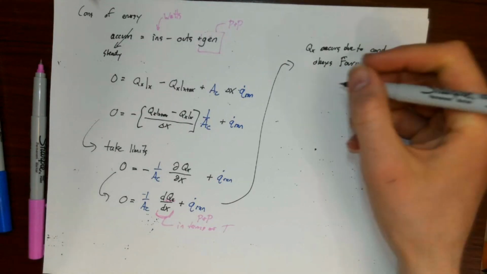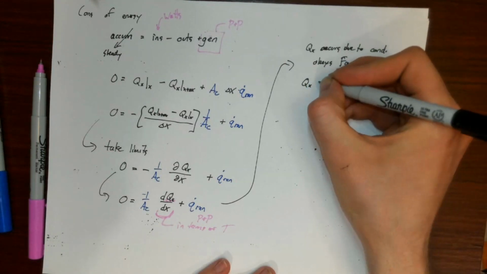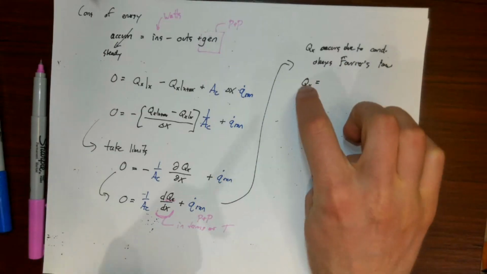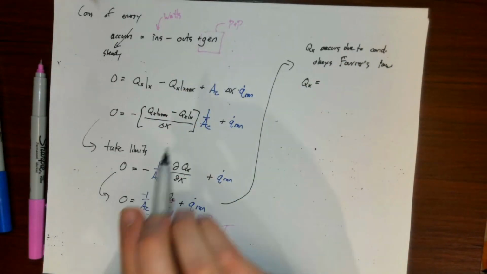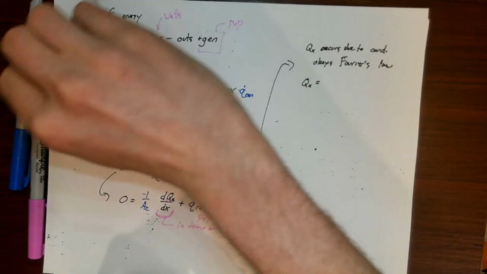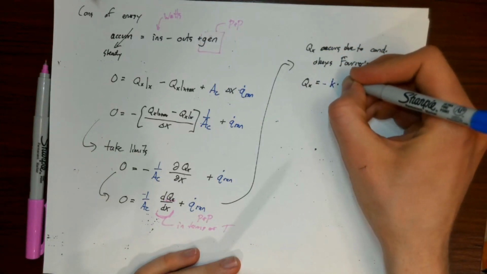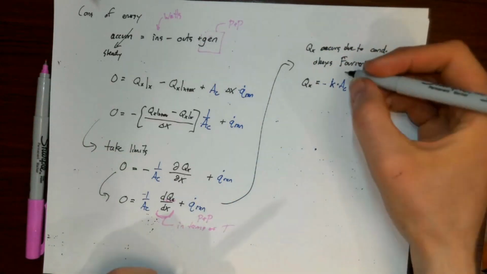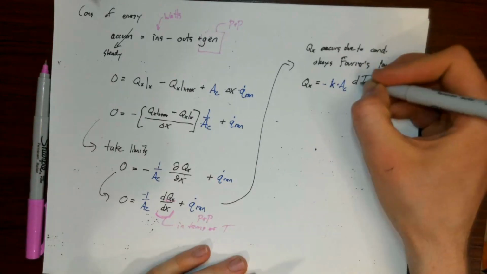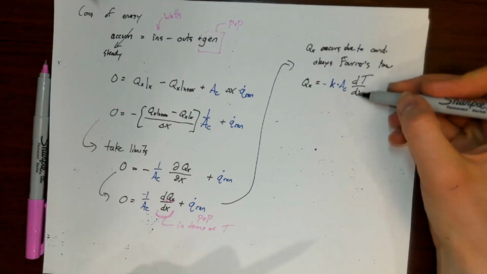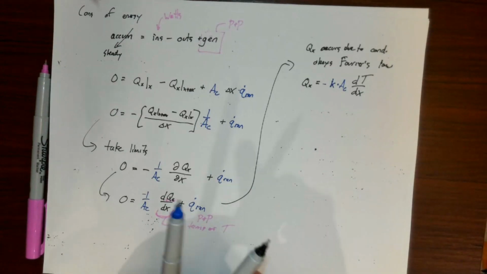So what is Fourier's law? If we put it in terms of heat flows, it would be Qx is equal to minus K times cross-sectional area times dT dx. And we can use ordinary derivatives here because temperature is only a function of x.